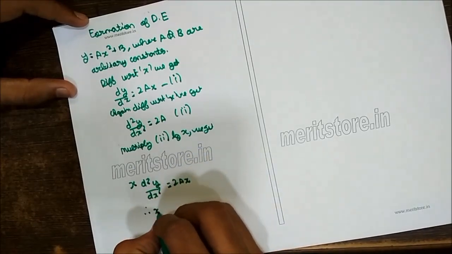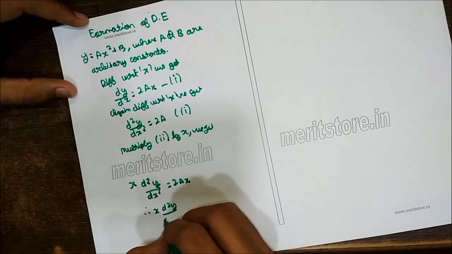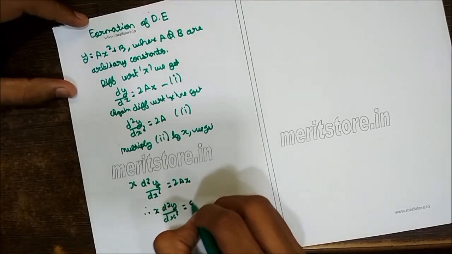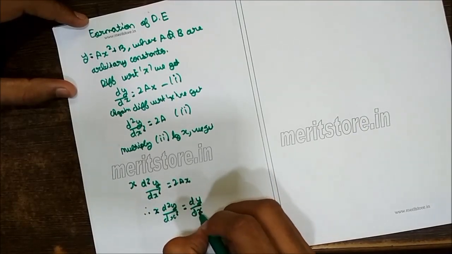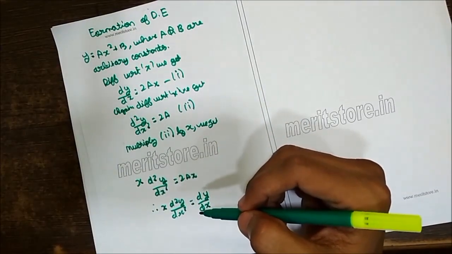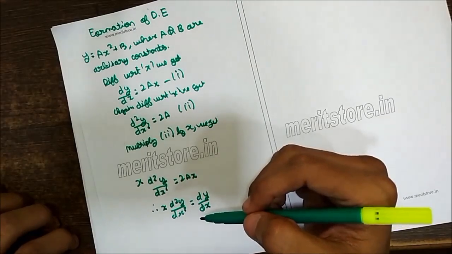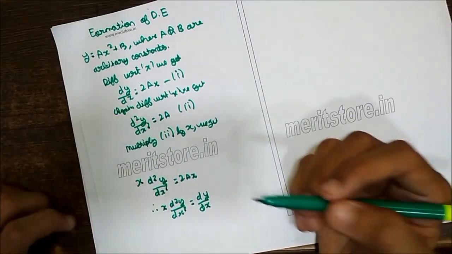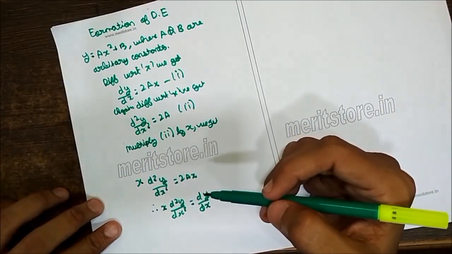Therefore x d square y by dx square is equal to dy by dx. In the above equation, a and b have been eliminated, and hence it is the required differential equation. So our task is to eliminate the arbitrary constants a and b in the given sum and make it a differential equation.